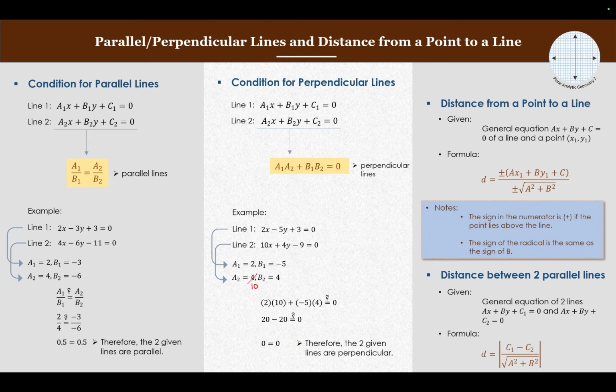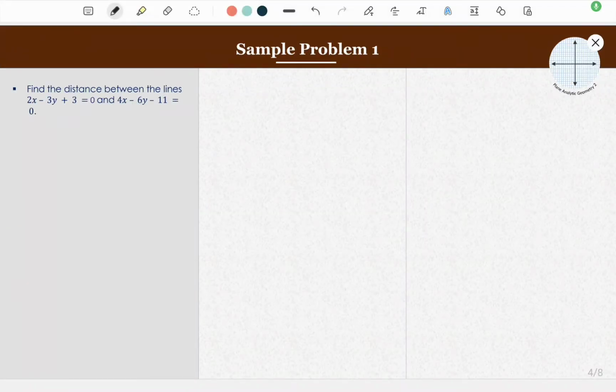The formula is d is equal to absolute value of c1 minus c2 over square root of a squared plus b squared. For sample problem 1, find the distance between the lines 2x minus 3y plus 3 is equal to 0 and 4x minus 6y minus 11 is equal to 0.